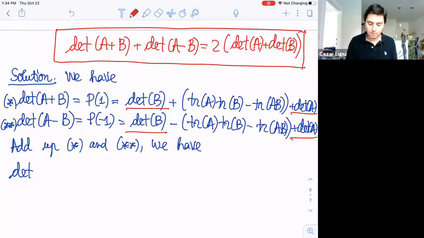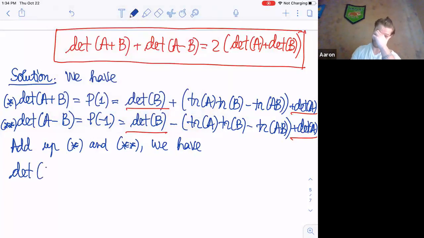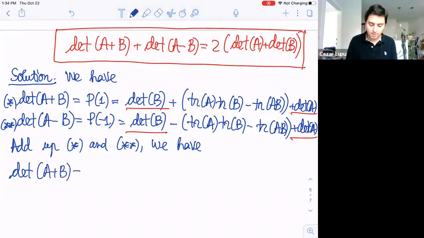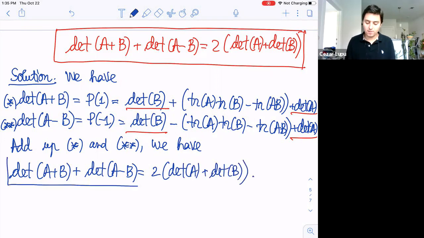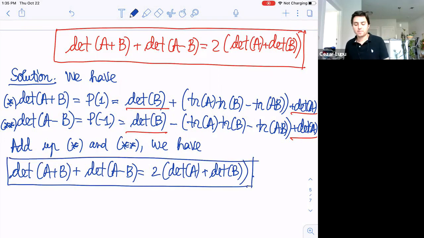So we have that the determinant of A plus B plus the determinant of A minus B is the same as 2 times the determinant of A plus the determinant of B. Keep in mind this identity, it's a very important one, and you will see it in applications. So this always holds true.